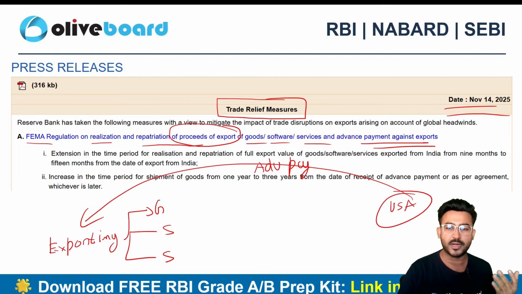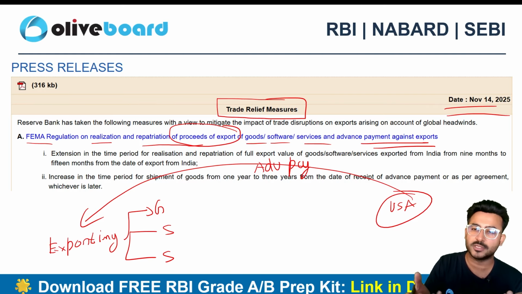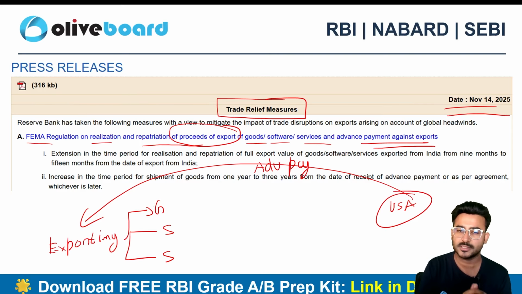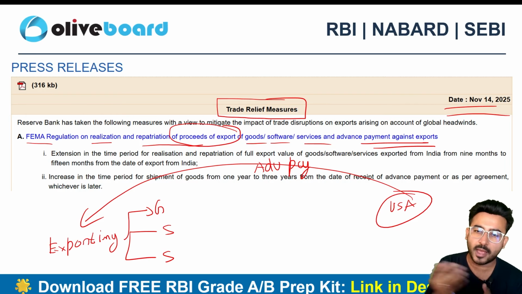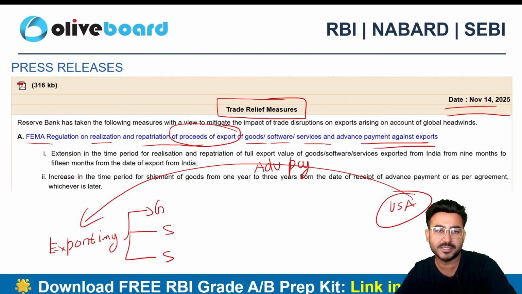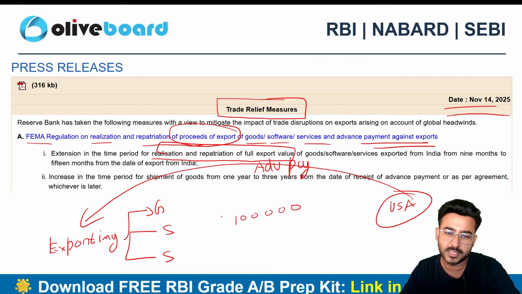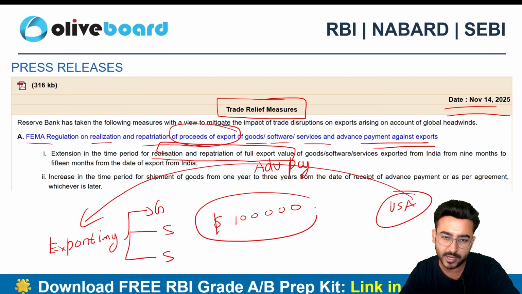So I am the exporter, I am in India, I may be exporting goods, services or software to the United States, and I am receiving an advance. So earlier, for the time period of realization and repatriation of the full export value, let's suppose the export value is 1 lakh USD.